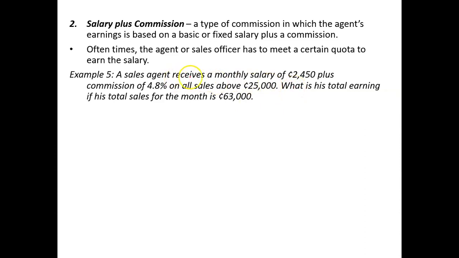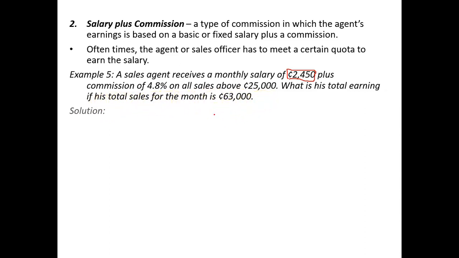They said the sales agent receives a monthly salary of 2,450. So let's leave this one out for now. And then commission of 4.8% on all sales above 25,000. What is his total earning if his total sales for the month is 63,000?